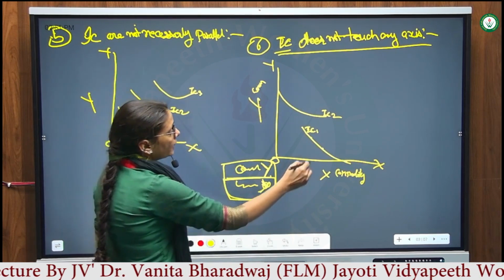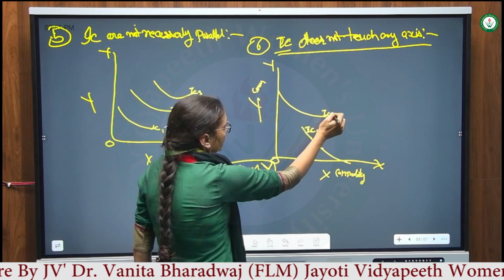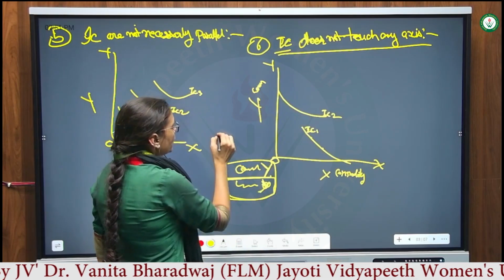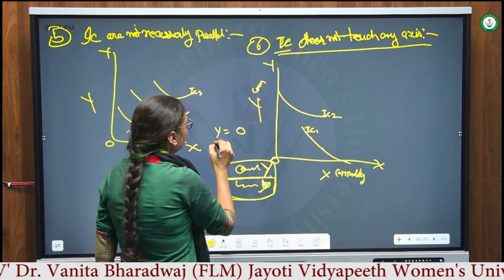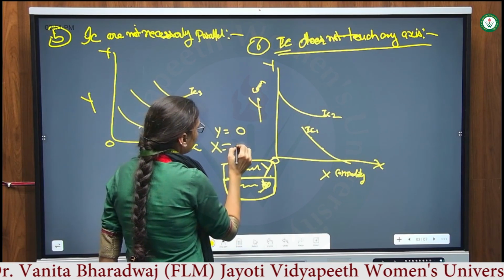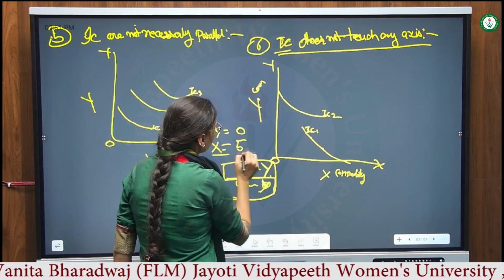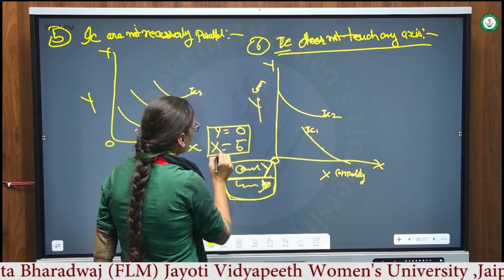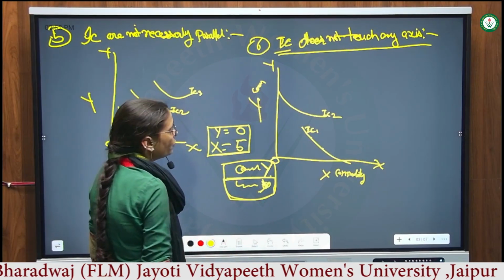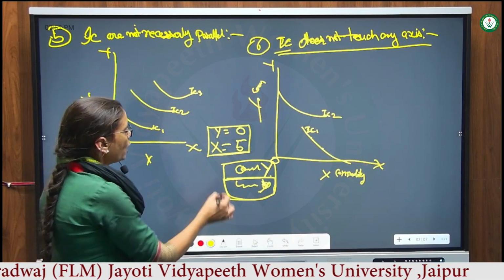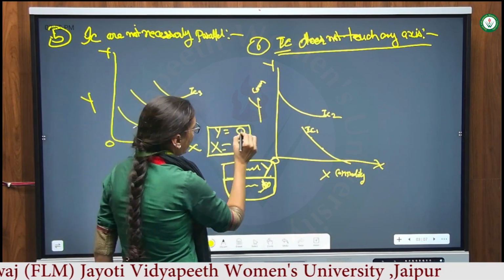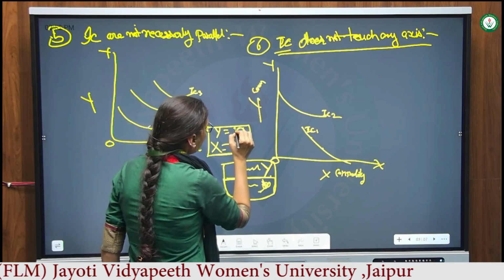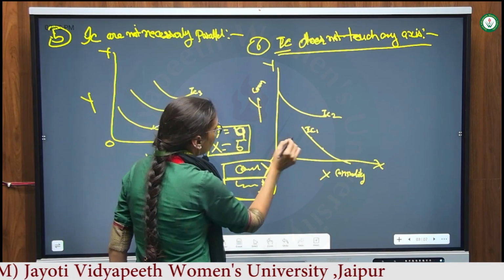Okay, and indifference curve 2 is touching the x axis. This means y is equal to 0 units with some units of x. This is not appropriate for maximum satisfaction. If a consumer wants proper satisfaction, he has to have some combination of both units.